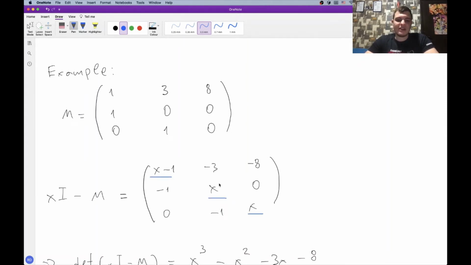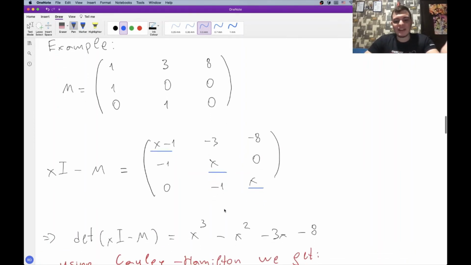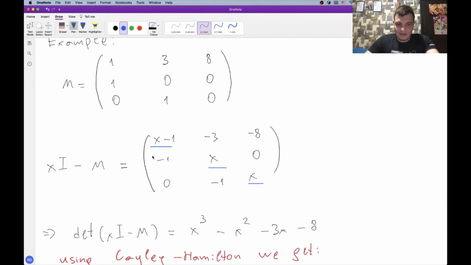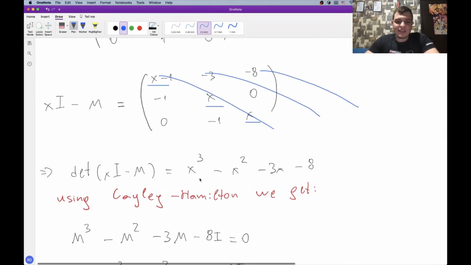Everything will be negative, and basically we'll add x's to the diagonal. If you actually work out the details of the determinant, you just do the standard thing. You multiply this, and then subtract the other ones. You'd get that the determinant of this thing is x cubed minus x squared minus 3x minus 8.